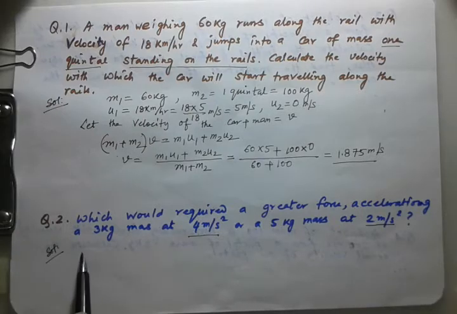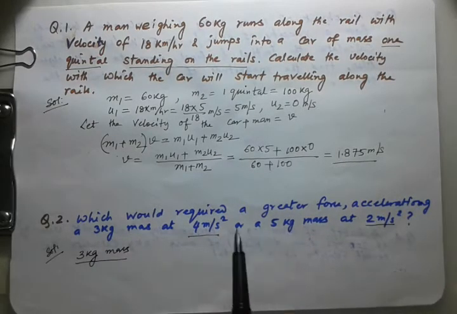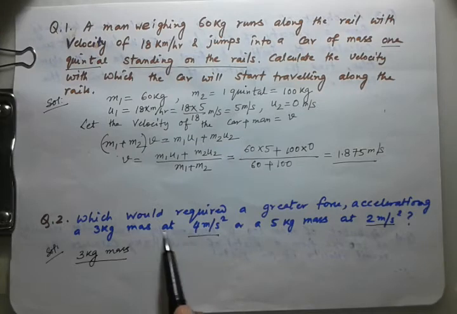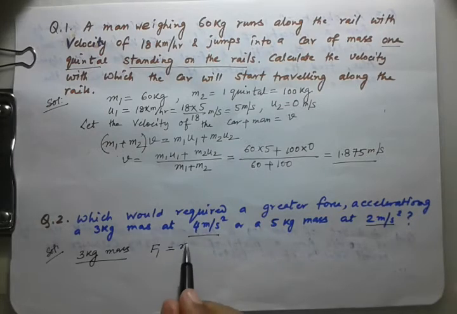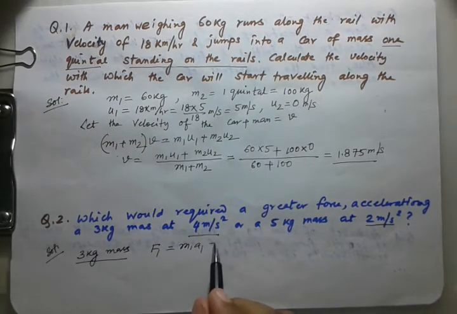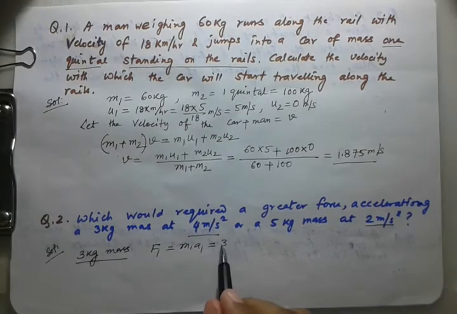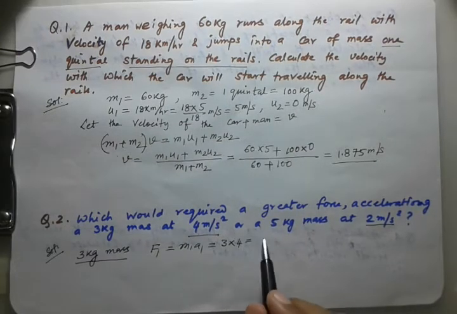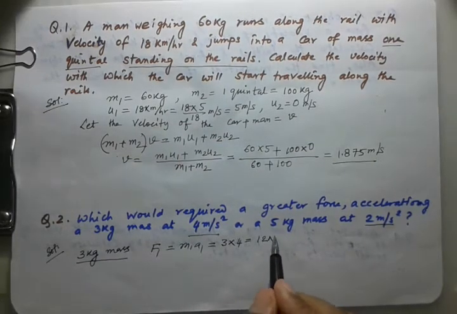For the 3 kg mass, the mass is given 3 kg and acceleration is given 4 meter per second square. So F1 will be equal to M1 A1, that is nothing but 3 into 4, which is equal to 12 Newton.